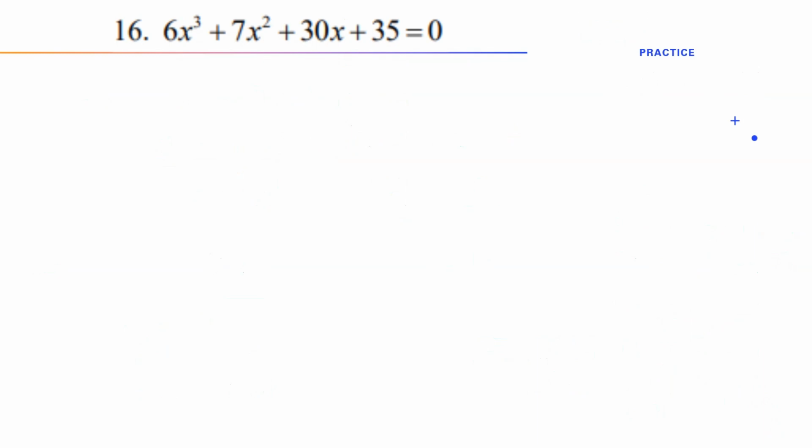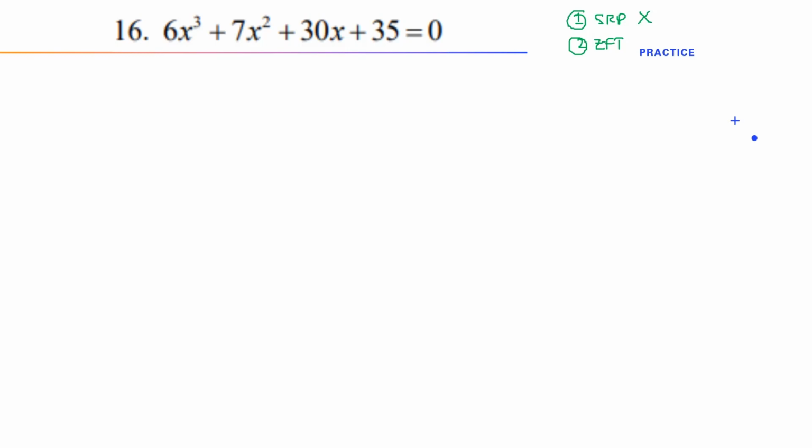All right, number 16. First, check the square root property. Nope. Second, zero factor. Maybe yes, because remember we said if it has more than 3 terms and it can factor.